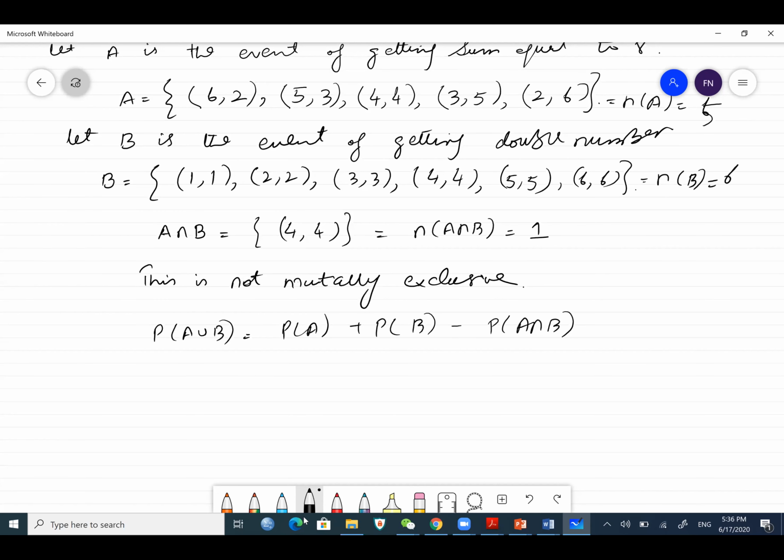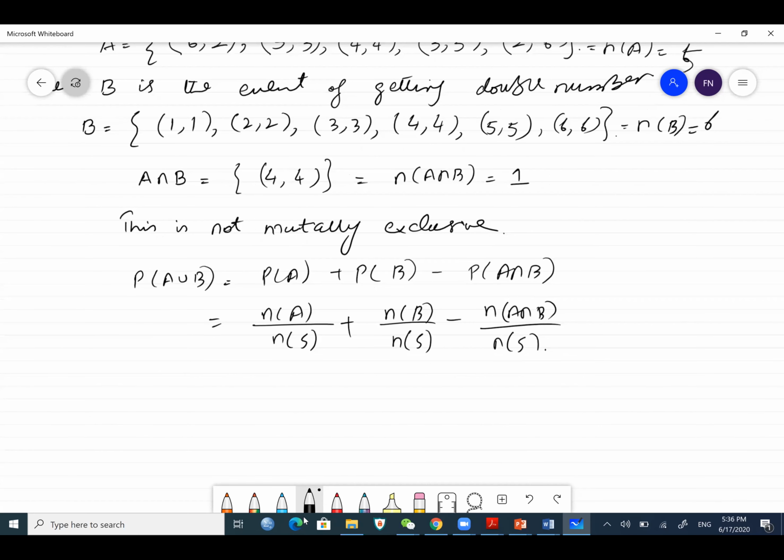Probability of A is total number of elements in A divided by total number of elements in the sample space, plus total number of elements in B over total number of elements in the sample space, minus total number of elements in A intersection B over total number of elements in the sample space.